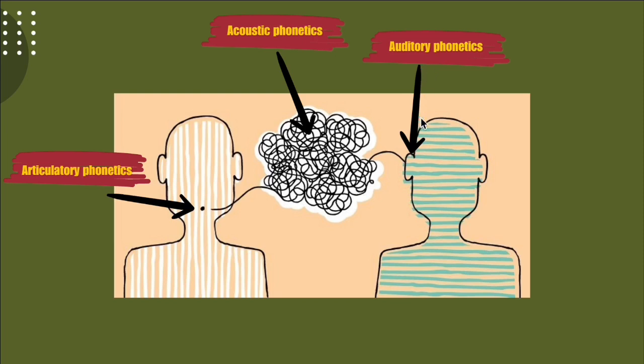Finally, the sound reaches the listener, who hears and processes the sound with their ears and brain. Together, these branches help us understand the complete journey of speech, from how it's made to how it travels and finally to how it's heard.